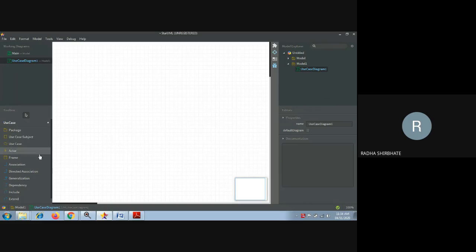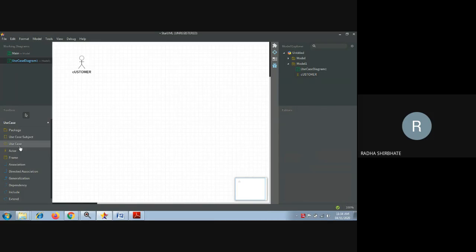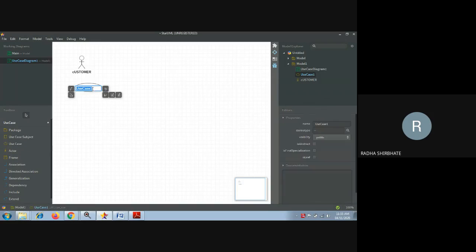Now, we said that we have four different types of actors. So what we have to do is just drag and drop and write down the name of that particular actor over here.